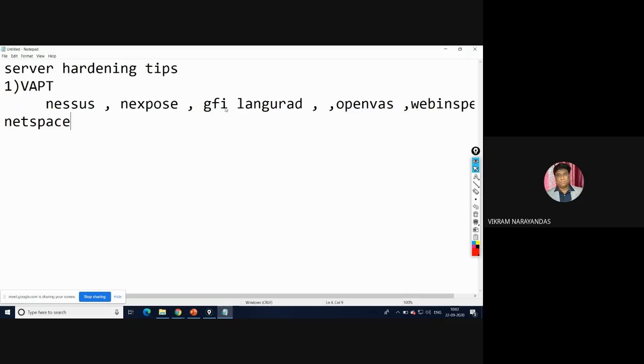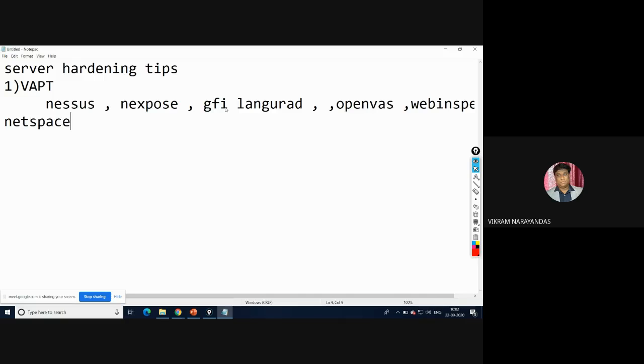So do VAPT, that is vulnerability assessment and penetration testing, regularly. You can do it manually, or you can do it with these automated tools: Nessus, Nexpose, GFI LANguard, OpenVAS, Web Inspect, NetSpace.